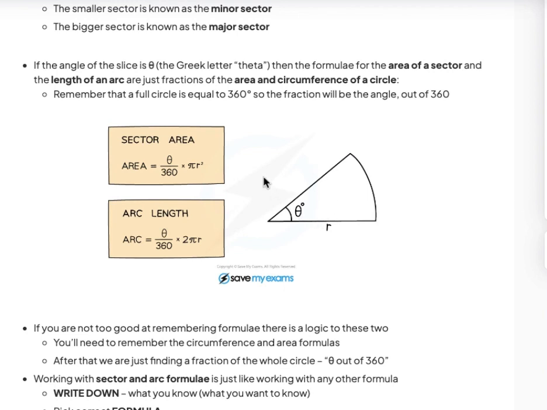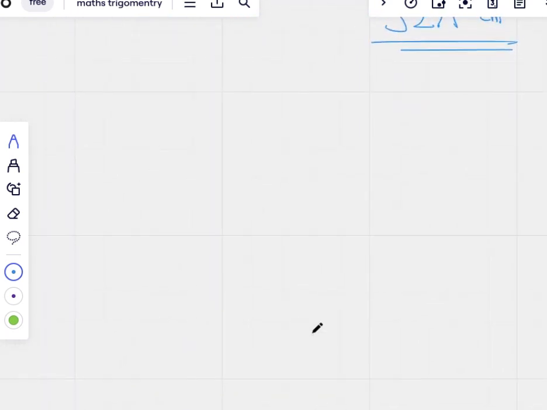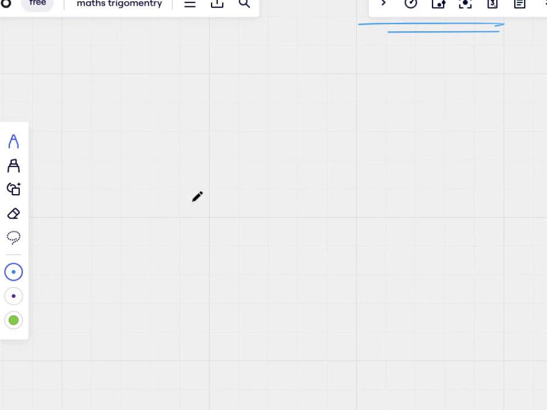If you're given a sector of a circle, not a full circle, just a sector, let's say for example we have one radius, this is another radius, and then there is an arc that joins point A to point B. Let's say this is O, the center of the circle, this is A, and this is B. Here is the radius of the circle, and here is the angle, normally we call theta.